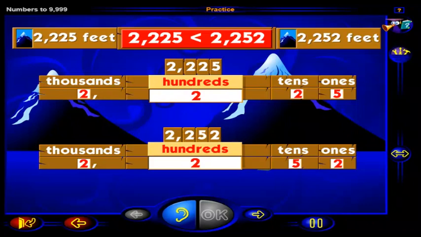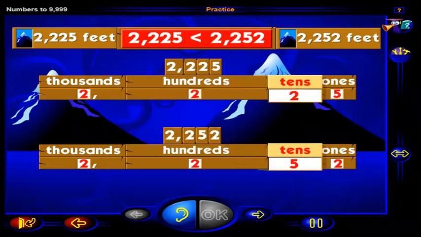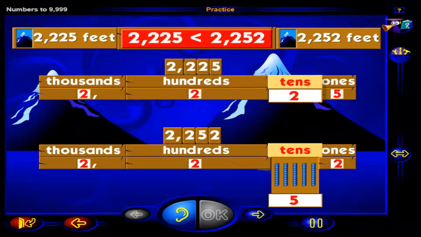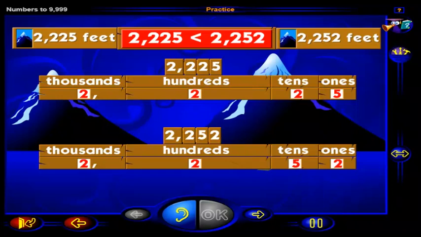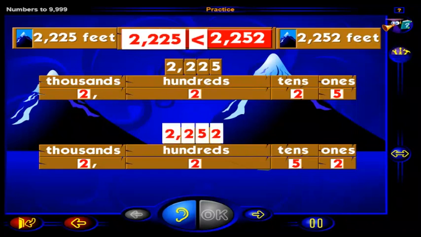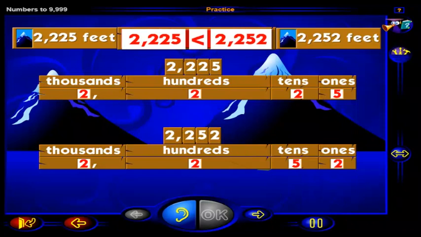So, to compare these numbers, we look at the digit in the next place, the tens place. 5 tens is greater than 2 tens. So, 2,225 is less than 2,252. And we can use this sign to compare these numbers.